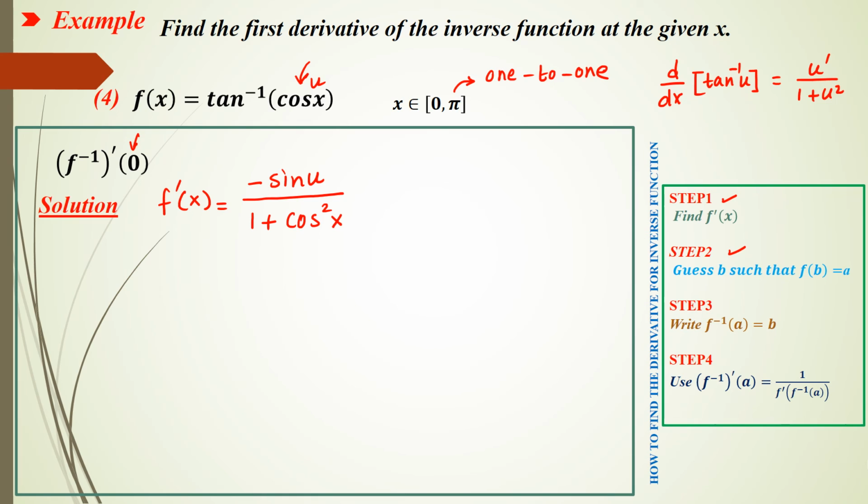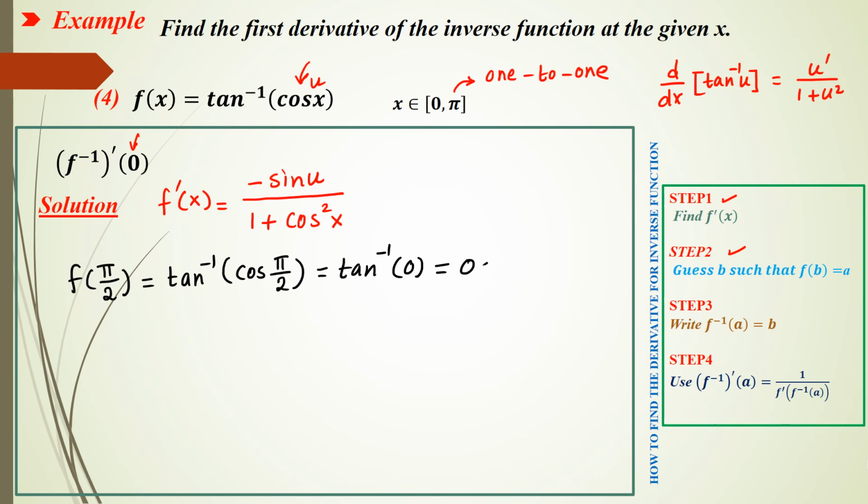And it is easy to find that if you replace pi over 2 in the function, you will get f of pi over 2 equals tan inverse of cosine pi over 2, and cosine pi over 2 equals 0, so we have tan inverse of 0, and tan inverse of 0 equals 0.